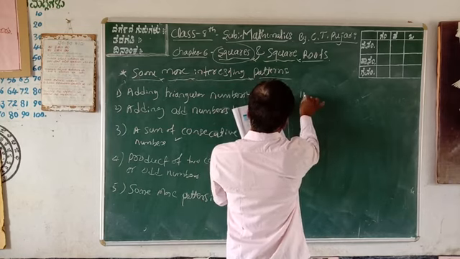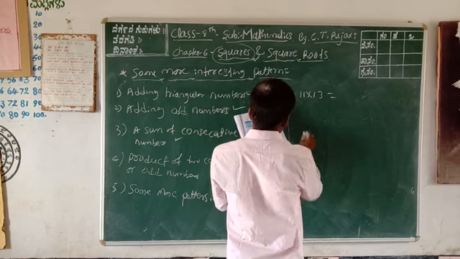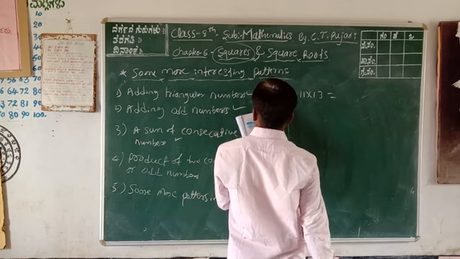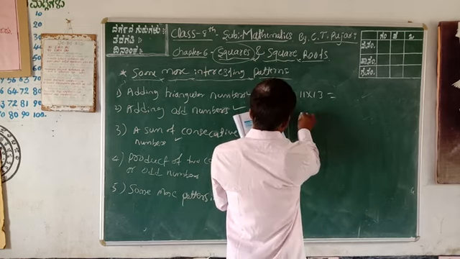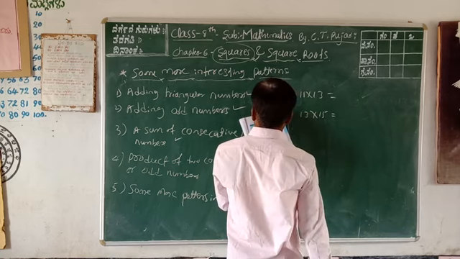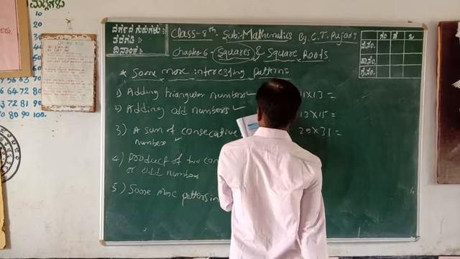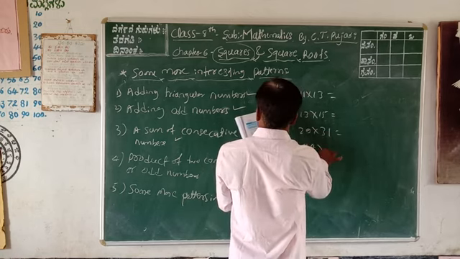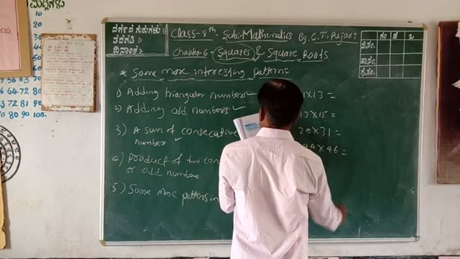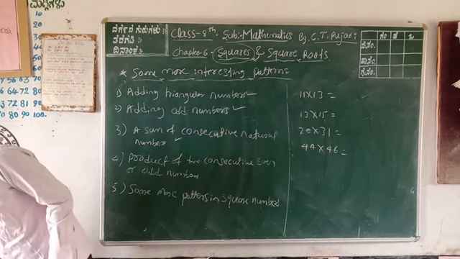First one is 11 into 13. Next 13 into 15. Next 29 into 31. Next 44 into 46. Numbers like this are here.